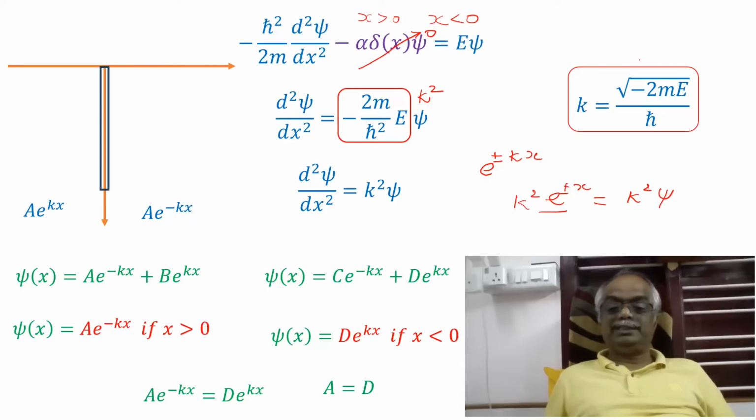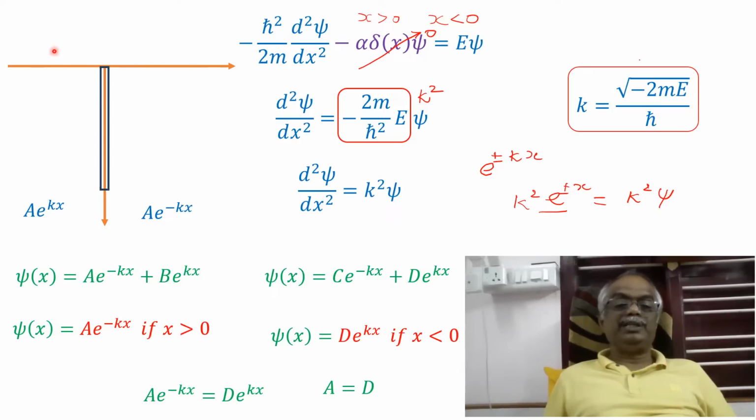So this general solution will be e power plus or minus kx. So with normalization constants, psi of x is equal to A e power minus kx plus B e power plus kx, if x is greater than 0.